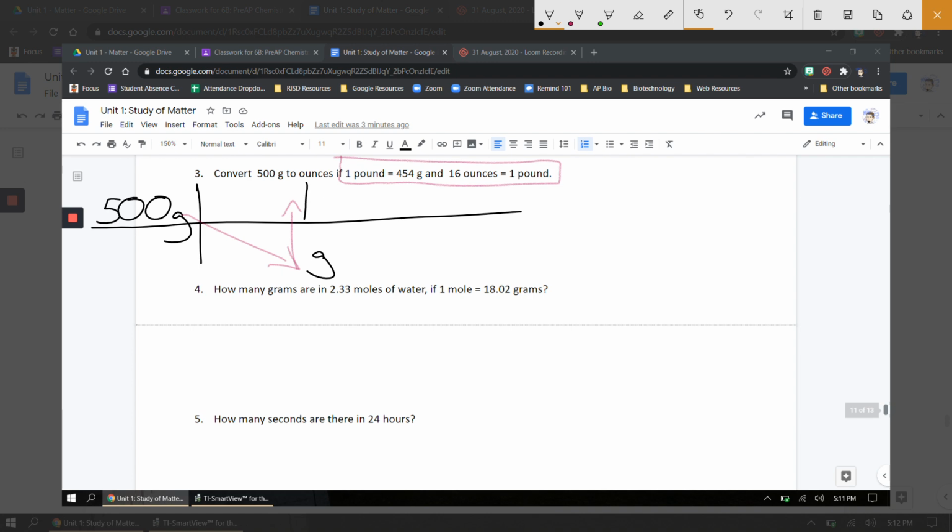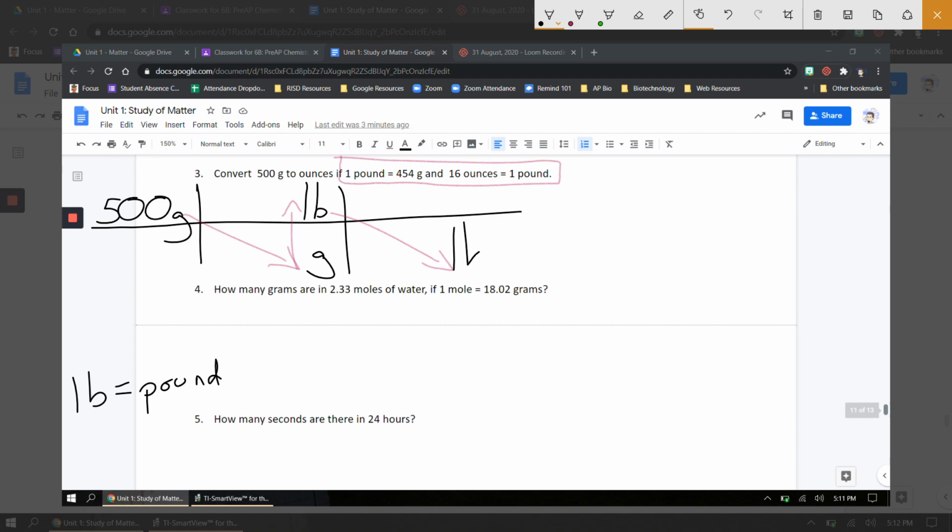So I'm going to put pounds. Now, LB, of course, is the abbreviation for pound. Again, this is Latin, kind of weird, but that's the way it works. So then we have grams to pounds. Okay, but we're at pounds. The question asks, convert 500 grams to ounces. That tells me we are not finished, and we're going to require another step.